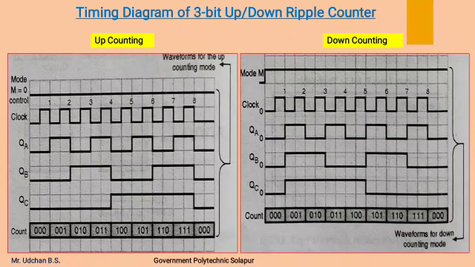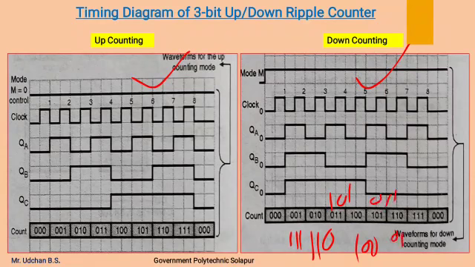These are the timing diagrams of up counting, and this is the timing diagram of down counting. In up counting, counting starts in ascending order, whereas in down counting, counting starts in descending order. Here it should be 1 1 1, that is 7, 1 1 0, 1 0 1, 1 0 0, 0 1 1, 0 1 0, and 0 0 1, like this.